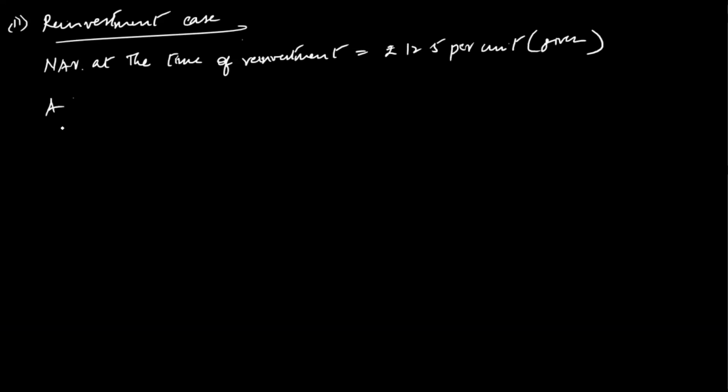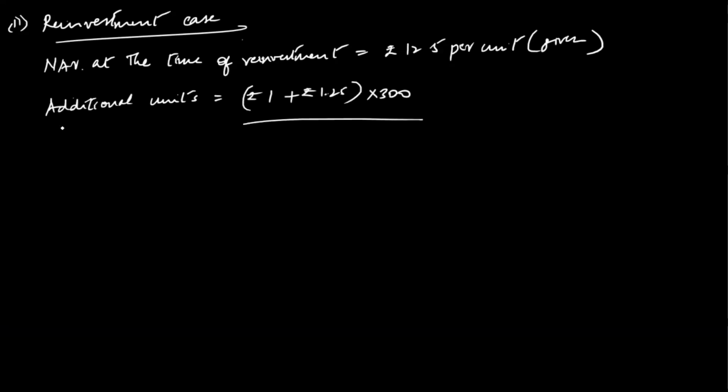What is the additional units purchased? Additional units is equal to total distributions, that is rupees 1 plus rupees 1.25 into 300 divided by NAV at the time of reinvestment, that is 12.5. Upon calculation, we get 1 plus 1.25 into 300, that is 675 by 12.5. We get 54.